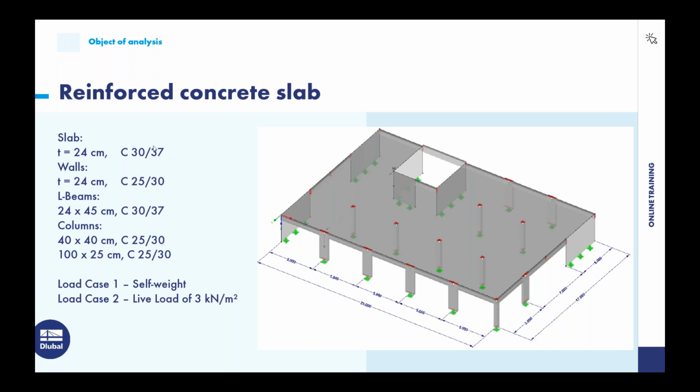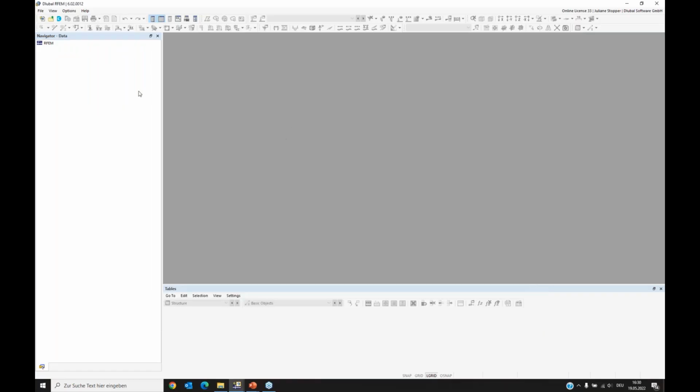The parts of the structure will be of the material C30/37, and the walls and the columns will have concrete C25/30. We will have the self-weight as a load and also apply a live load of 3 kilonewton per meter square. Then we again will do the load combinations and let the program generate them for us. After that, we will do the analysis and use the results for the concrete design. So this is it so far as a preparation. Now we can go into the program and start modeling.